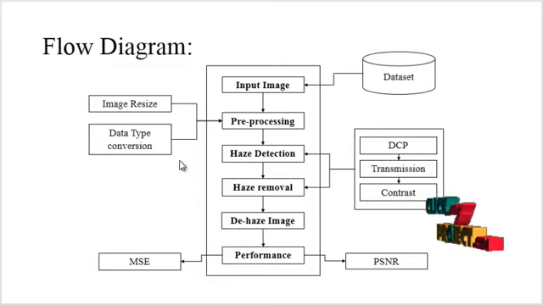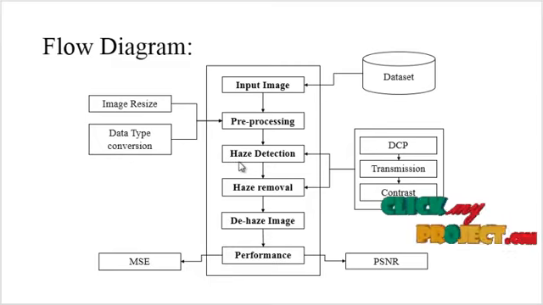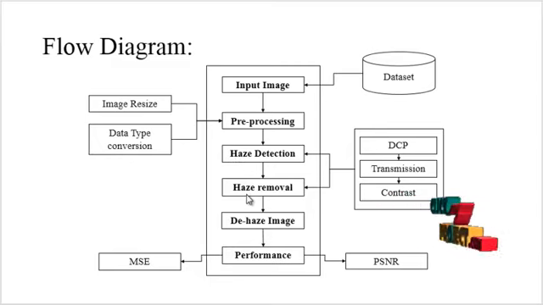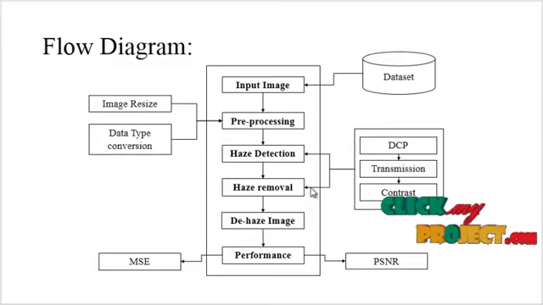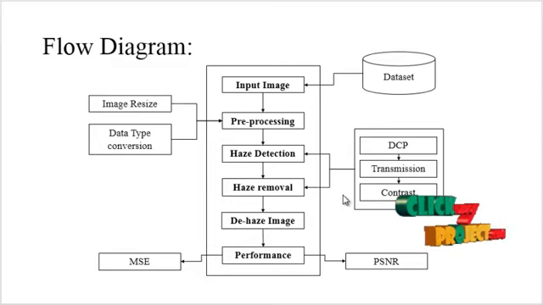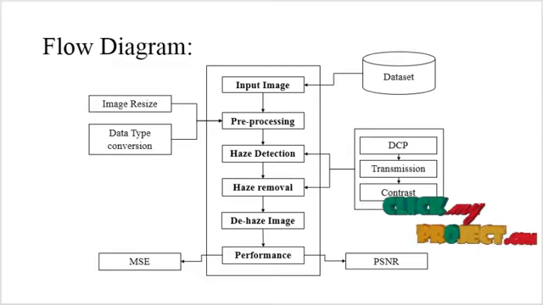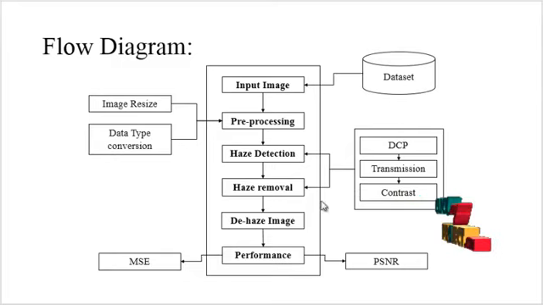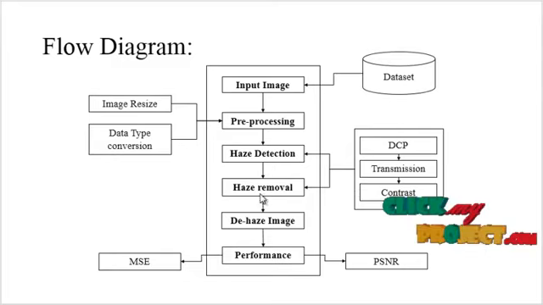After the data type conversion, we move on to the next step of the process, that is haze detection and haze removal. These two steps are incorporated together based on three steps, that is the DCP, transmission and contrast enhancement. Based on the collaboration of these three steps, we do the haze detection and haze removal.